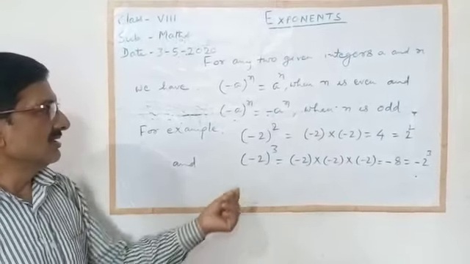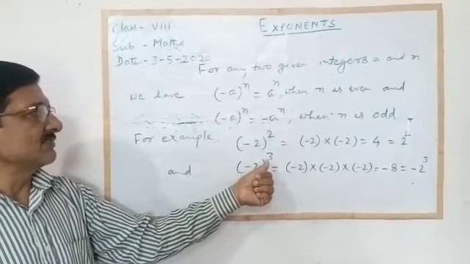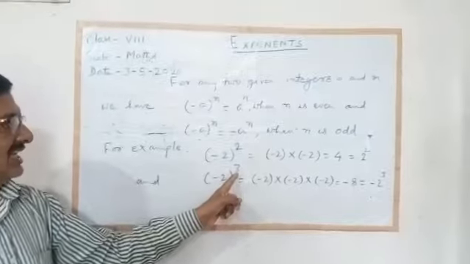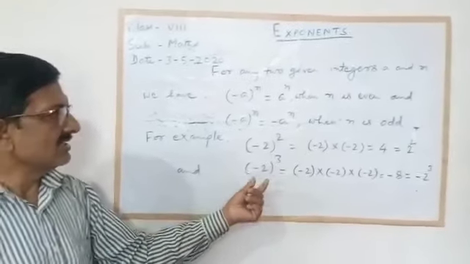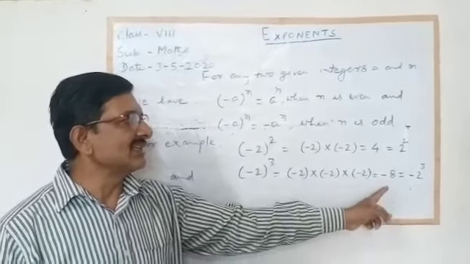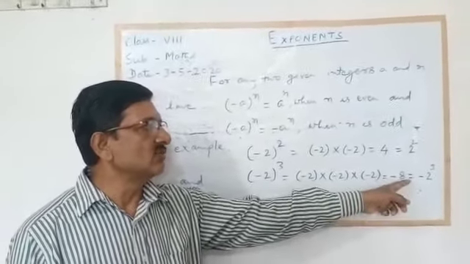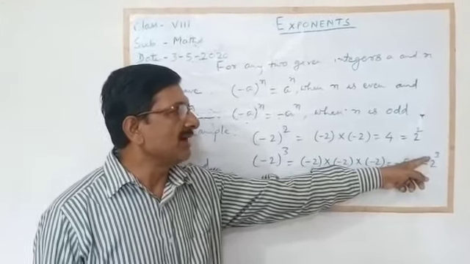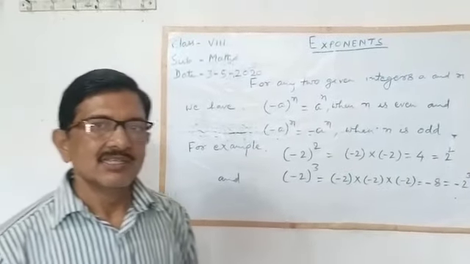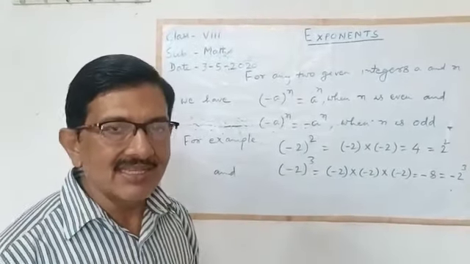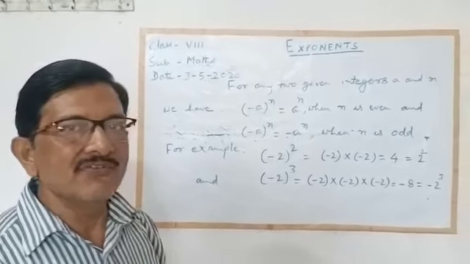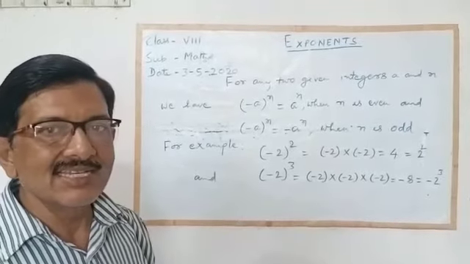But when the power is an odd number, here I am taking 3 as an exponent, then -2 is multiplied 3 times and we get the result -8, that is equal to -2^3. So here we are observing that when the value of n is even, we get a positive result, but when the value of n is odd, we get a negative result.